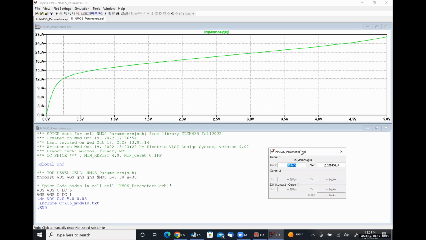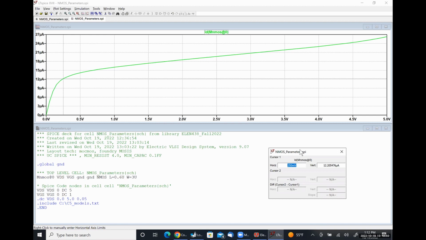All right, so we are going to find an ID value in a moment. We're just going to pull that off of our graph. This is going to be equal to 1/2 times 400 microamps per volt squared times VGS, which is 1 volt, minus VTHN, which is 0.75 volts, squared, times 1 plus lambda, which is what we're looking for, times VDS, which we're going to choose a particular value of VDS to get this.